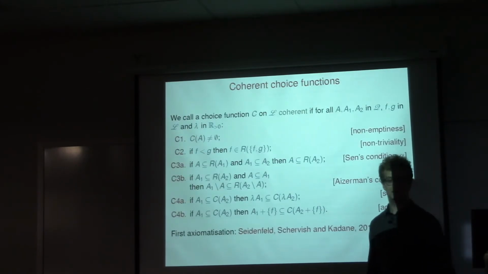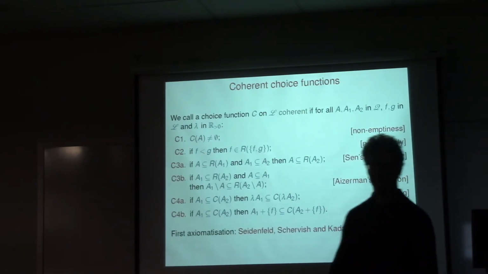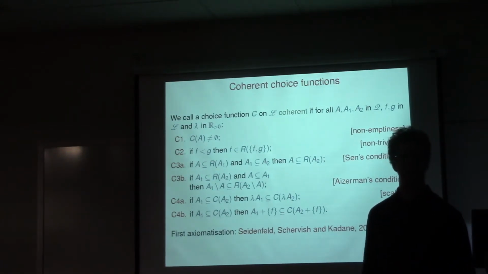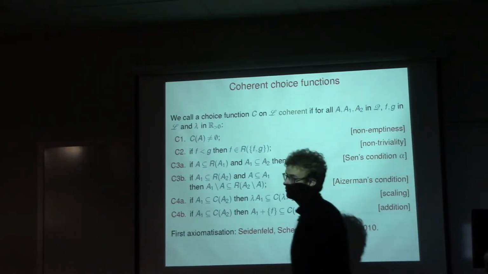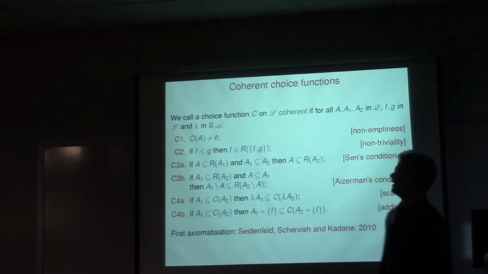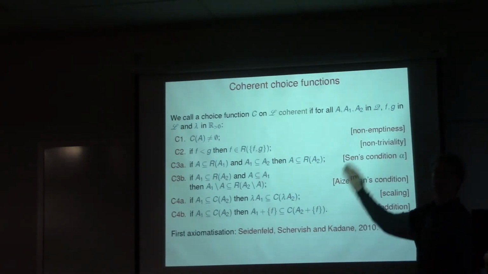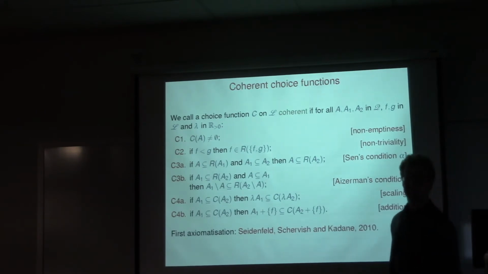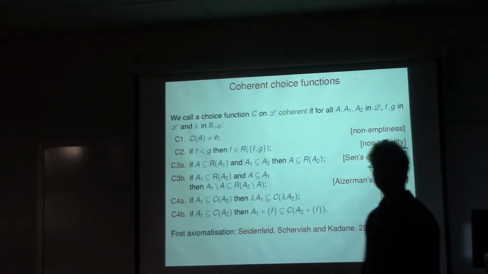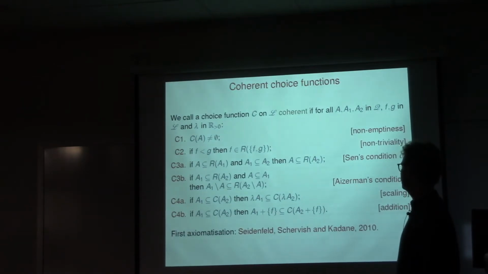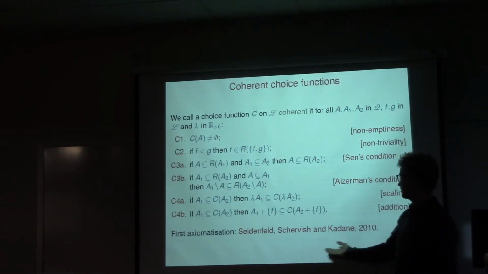Now, as with sets of desirable gambles, is any choice function a good one? No. We'll focus again only on the coherent ones. Okay, those are the axioms. The first axiomatization for imprecise choice functions was actually done by Teddy Seidenfeld, Schervish and Kadane.